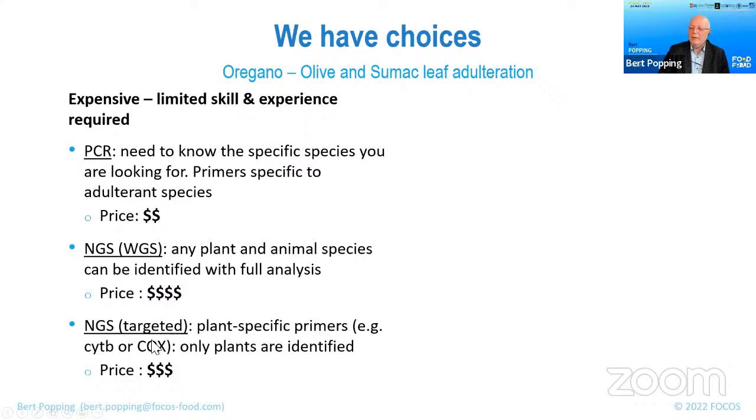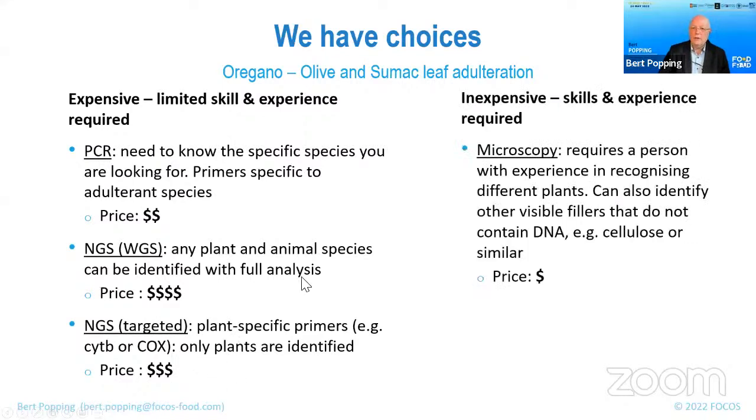So here you could look at animal species, for example, where you use cytochrome B or cytochrome oxidase 1, and it's more expensive than the PCR, but it's less expensive than the NGS, and you get all the species. So you don't have to specifically know what you're looking for. You just have to know, am I looking for plant species or animal species? So for plant species, you could use MAT-K, for example. So you have targets for plants and for animals, and next generation sequencing can give you an idea of which are the adulterants that you have.